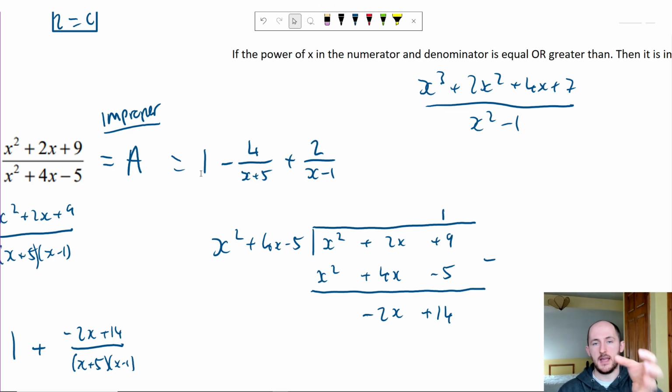We have 1 and then an additional fraction. But do keep in mind that a here could even be bigger than this. It could be something like, in this case, you can probably see that when you do division, you're going to get an x term and a constant. So a would be x plus 3, and then you do partial fractions with the rest of it.